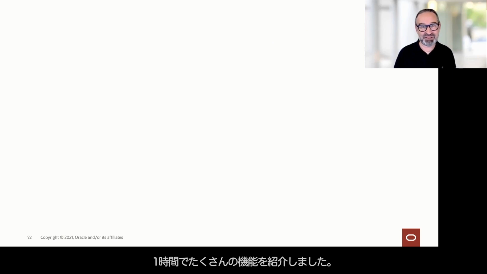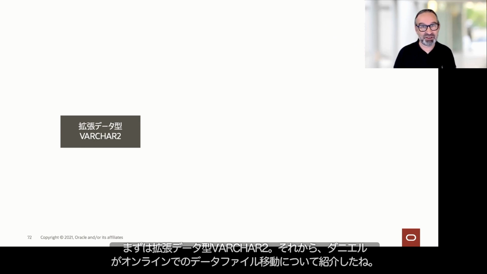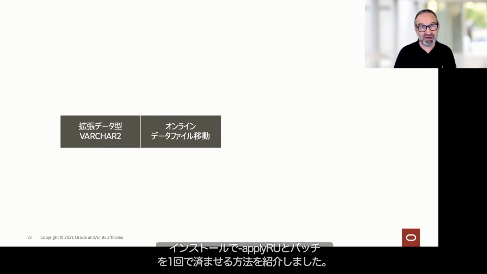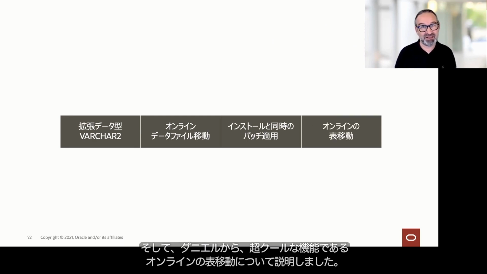Those were a lot of features in 1 hour. We started with extended varchar 2. Then Daniel introduced you to the online data file move. I showed you how to apply RU and patches in one pass with the installation. And then Daniel went into the online table move, which is a super cool feature.